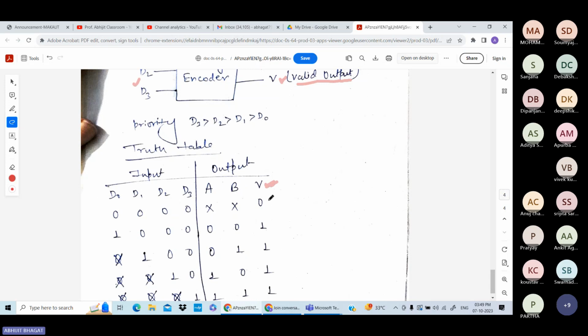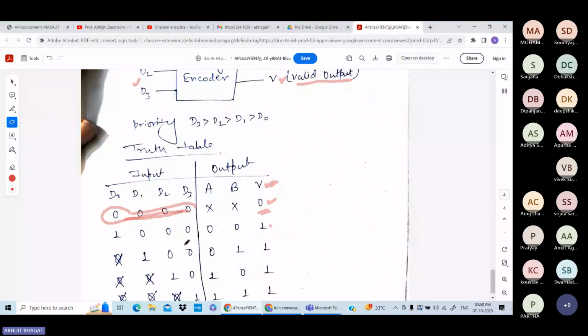When all inputs are 0, when all the inputs are inactive, your valid output will be 0. When any one of D0, D1, D2, D3 is active, your V will be 1.